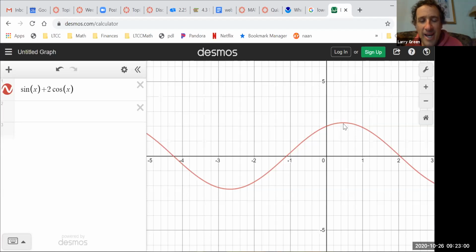Are there any other things that could happen for other functions where you could have a global max or a global min? Could something else happen? And if so, tell me what it is. Or do you always have to either have the derivative 0 or be on a boundary? What do you think?